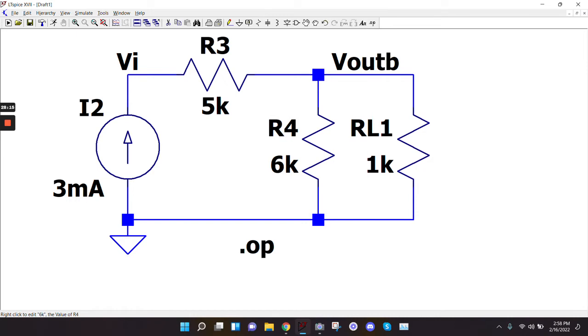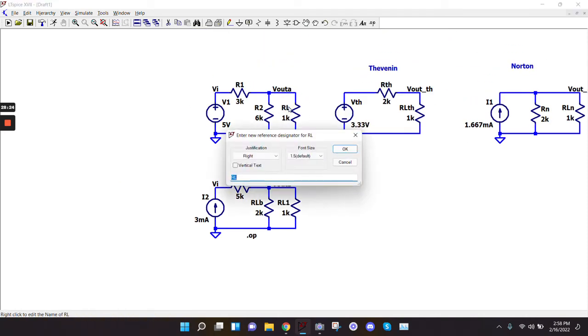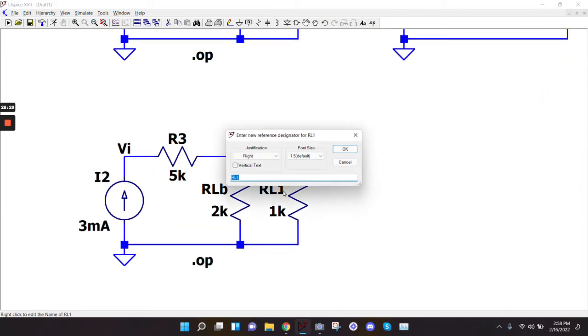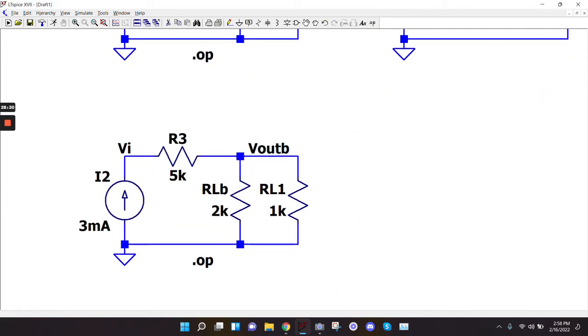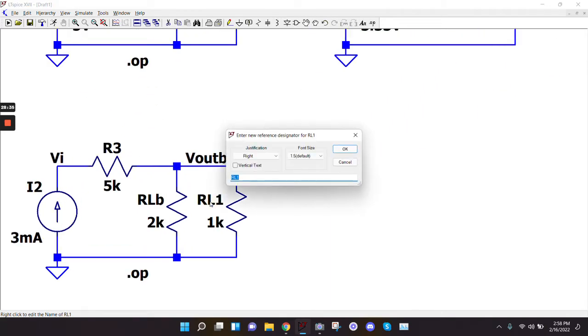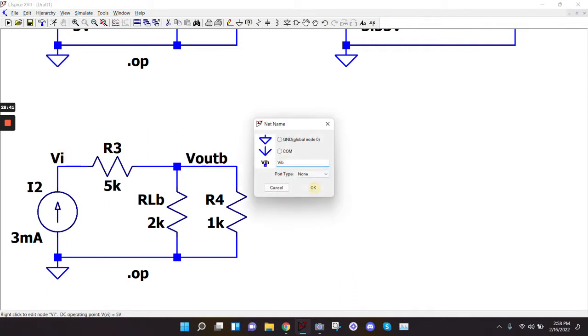And then this is 2K, and that's my load, so let's call it RLB. I guess I didn't call this RLA, I just call it RL. And then this is just some random resistor. What is that? R2, R3, R4. And that's a 1K resistor, that's V out B. Call this VIB, I guess.